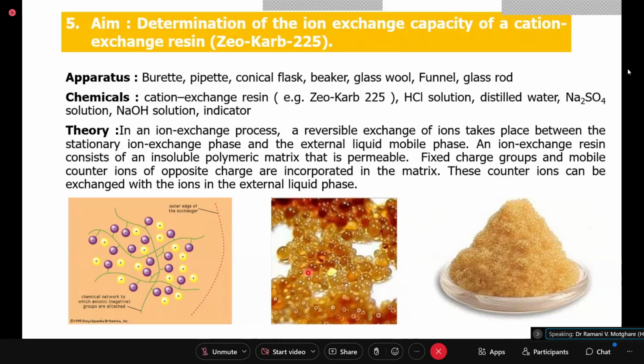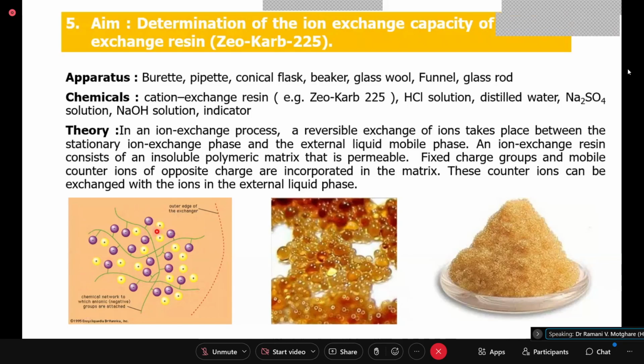So when the polymerization takes place, if you add less quantity of sulfuric acid, then you will find that the sulfonyl acid groups, the SO3 minus forming on this, will be less. If you add more quantity, you may get a polymer with more fixed charge groups.